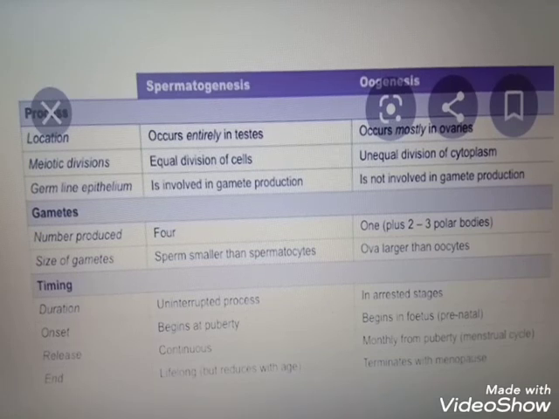That is known as the menstrual cycle. Next class we will discuss what is the menstrual cycle. Then spermatogenesis is a lifelong process, but oogenesis terminates with menopause. So these are the differences between spermatogenesis and oogenesis. It is very important, so study it properly. Clear?